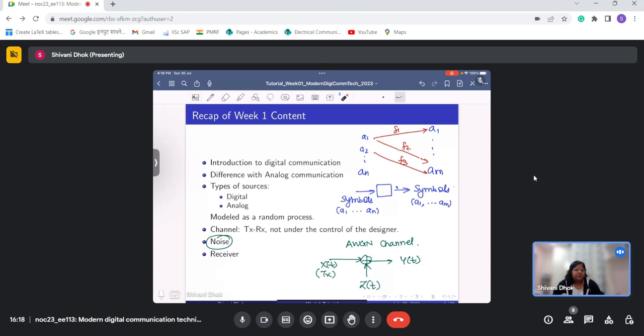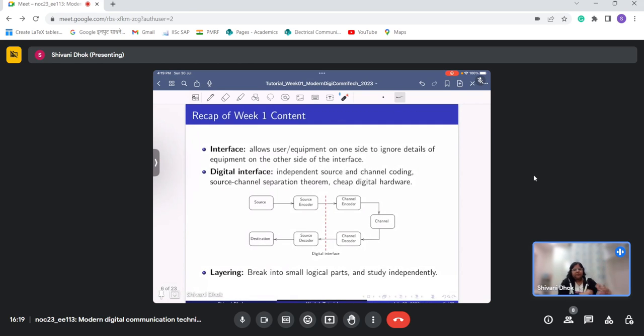So that knowledge will be there. But at the particular transmission instant, what particular alphabet is being transmitted, that we don't know, and that detection completely depends on how your noise is affecting and what channel characteristics are there. So that makes your detection problem much more interesting and challenging.